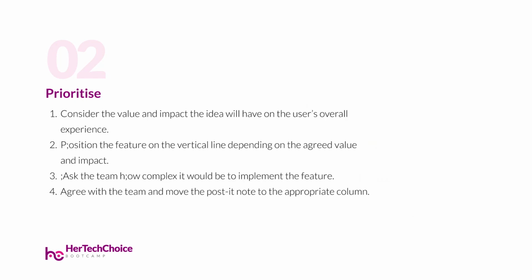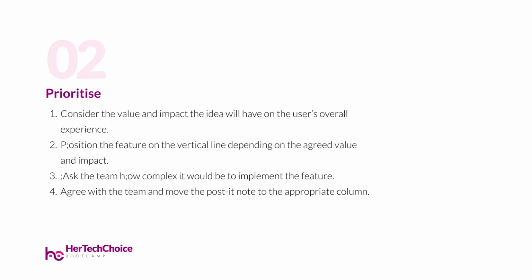On the prioritization stage, you have to consider the value and the impact the idea will have on the user's overall experience. And you have to prioritize these features on the vertical line depending on the agreed value and impact.